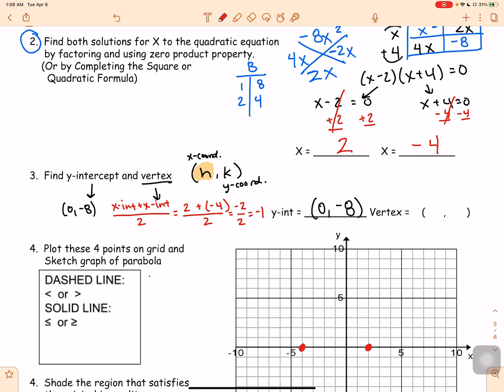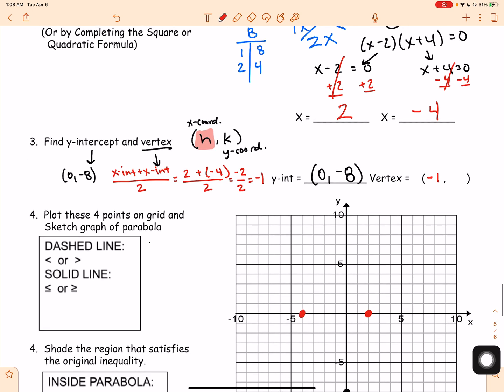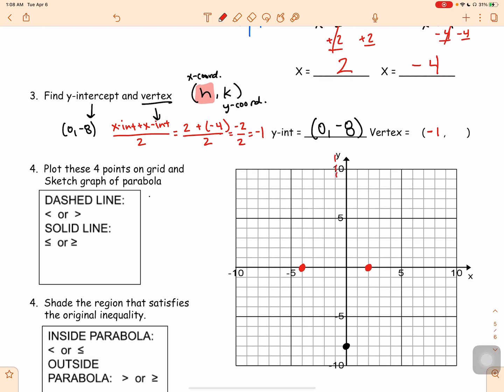So now I know that the x-coordinate, I realize I used the wrong color, should have been red, is just the middle between the x-intercepts. So here I know it's going to be -1. So it's going to be somewhere along what we call the line of symmetry here at -1. And you see that's right in between my x-intercepts. So 1, 2, 3 to the line of symmetry. 1, 2, 3 to the line of symmetry.